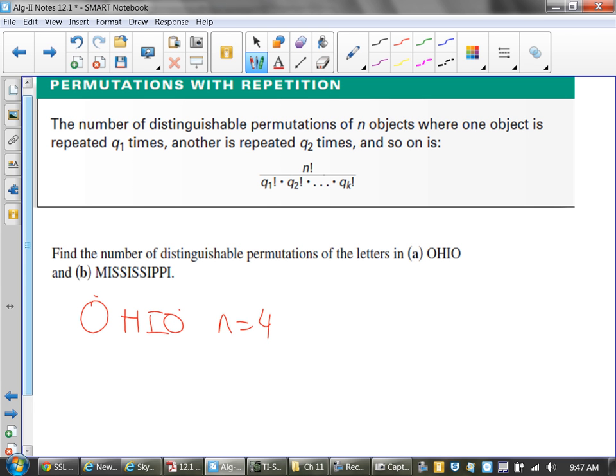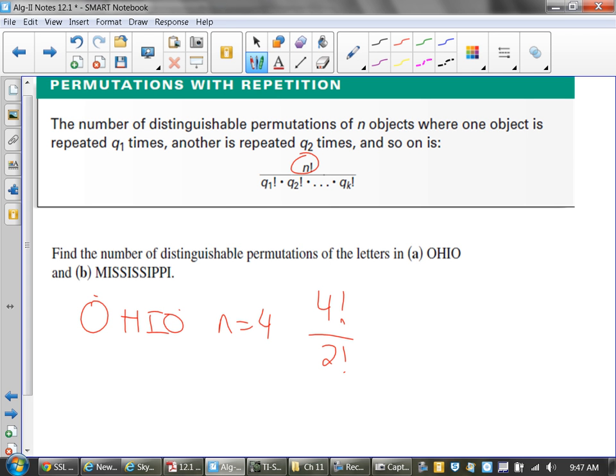So what you would do is you take the number 4, because there's 4 letters, and divide by the repeats. Since O is repeated twice, it becomes 2 factorial. So your answer would be 4 factorial over 2 factorial, otherwise known as 4P2.